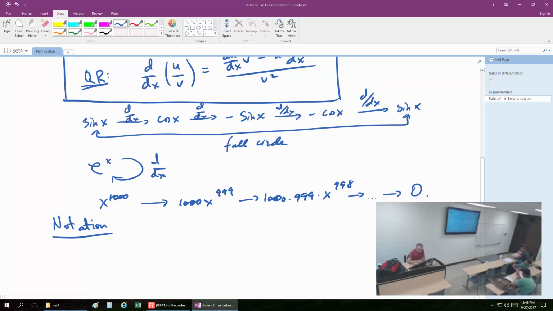And so the notation for repeated differentiation will be either f double prime: f prime, the first derivative, the next one is f double prime, f triple prime, and then after that you don't want to repeat any more primes, so what is written is the number of differentiations in parentheses, and so on, as many times as it takes.